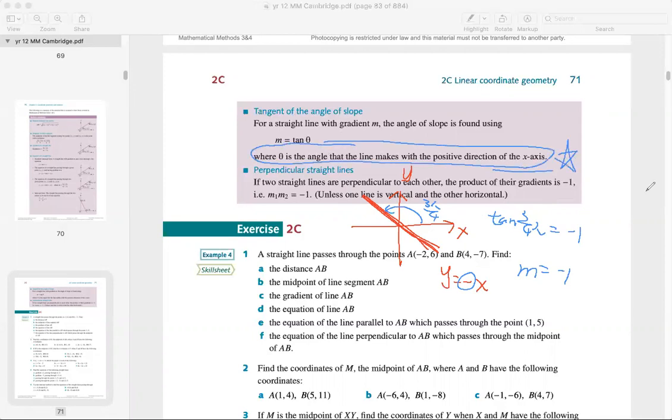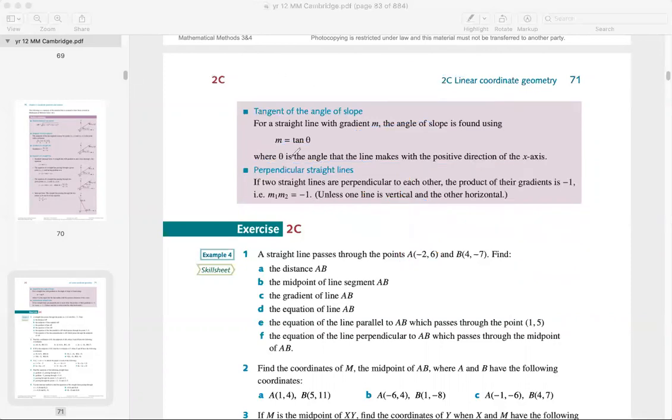Important, okay? Because in 2017, exam 1, they test you on this idea, to link the gradient with tangent. And also, I think 2017 exam 2, question 2, the extended response, they also use this kind of idea, to test how to get the gradient easily or correctly, okay?